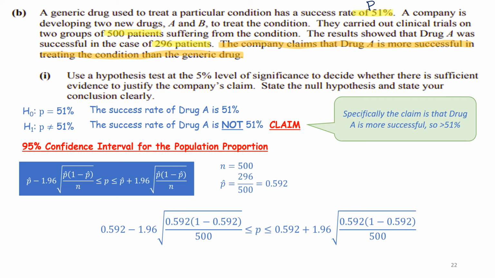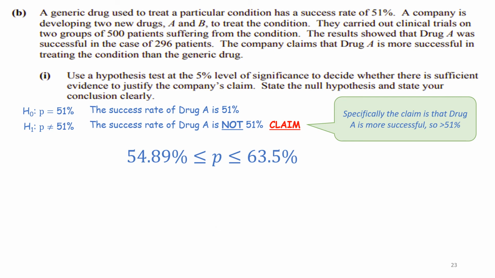Subbing into our formula and tidying up, we end up with 0.5489 is less than or equal to P is less than or equal to 0.635, which gives us 54.89% is less than or equal to P is less than or equal to 63.5%.